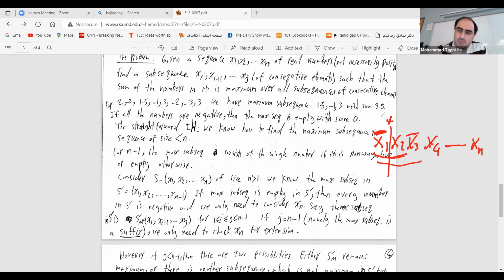Say, for example, x1 was 5, and x2 was, I don't know, maybe minus 10. Good. Then I'm reading x3. Say x3 is 3 in this case. Good.